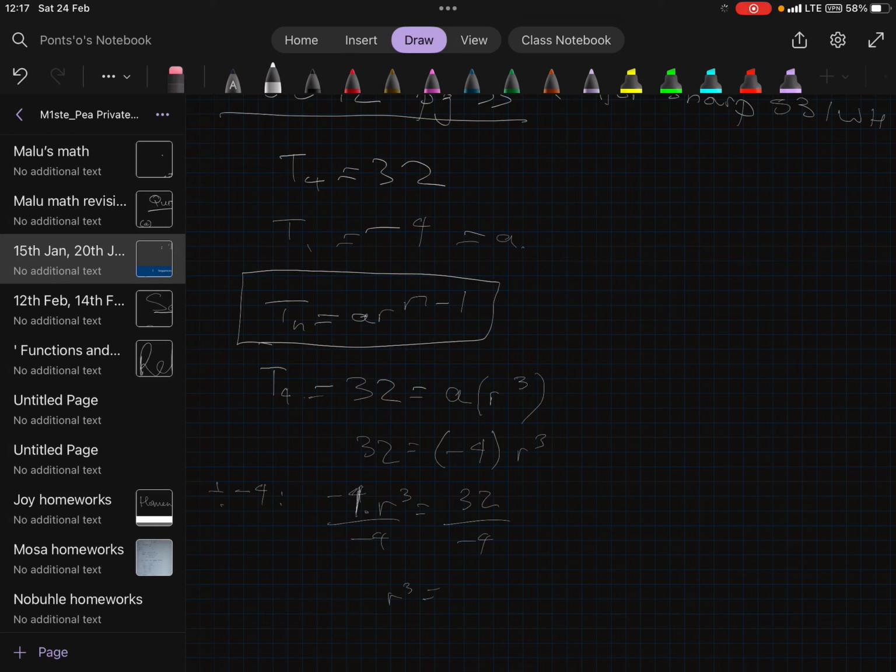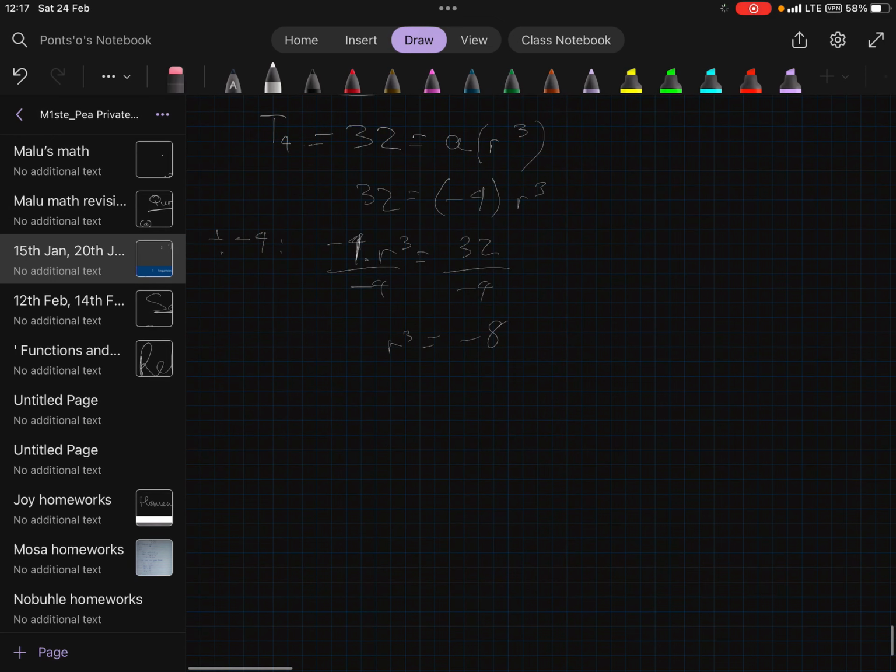What's 32 divided by 4? Yeah, it is 8. So if it's negative, it's going to be -8. And then the cube root of r cubed would be r, and that gives us -2.